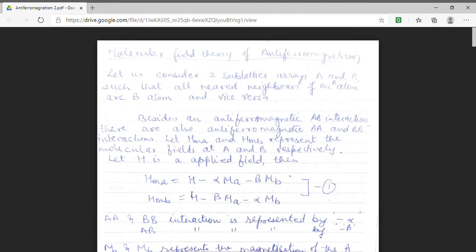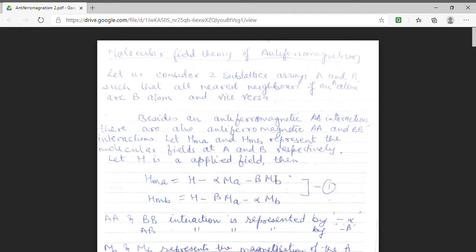when we are considering A sublattice, then the field at A lattice, HMA, will be equal to the external field, and on A sublattice there is an interaction of A with A which has a parameter minus alpha and the field is Ma, and since A also interacts with B sublattice through an antiferromagnetic interaction which has a parameter minus beta, so the value will be minus beta Mb.